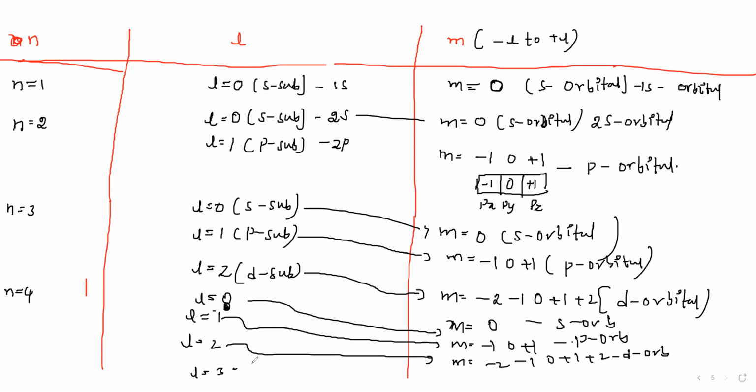And if L is equal to 3, what does m come? -3, -2, -1, 0, +1, +2, +3.